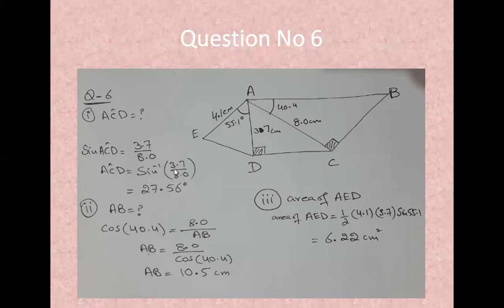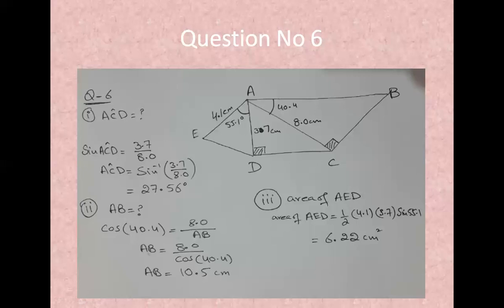ACD is equal to sine inverse bracket 3.7 divided by 8.0 bracket close equals, and that will give you 27.56. How do you get this? You write shift sine bracket 3.7 divided by 8.0 bracket close equals.